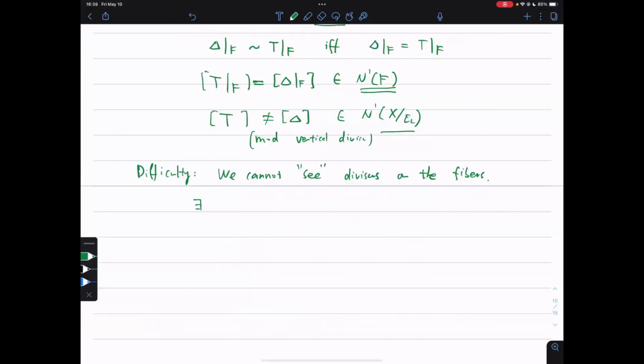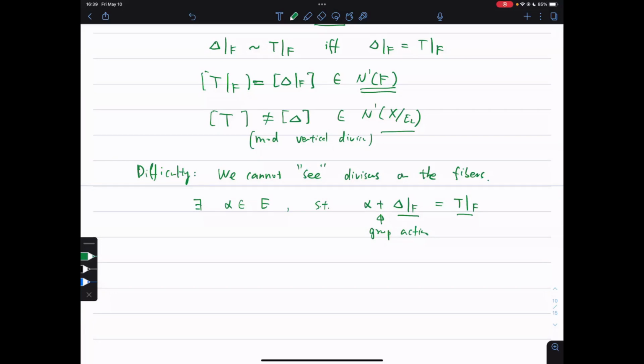There is an alpha inside of E, such that we can just move this divisor equal to the other divisor. This is a group action. So we can translate one divisor to the other. Okay, and they are the same. So certainly they are linearly equivalent.